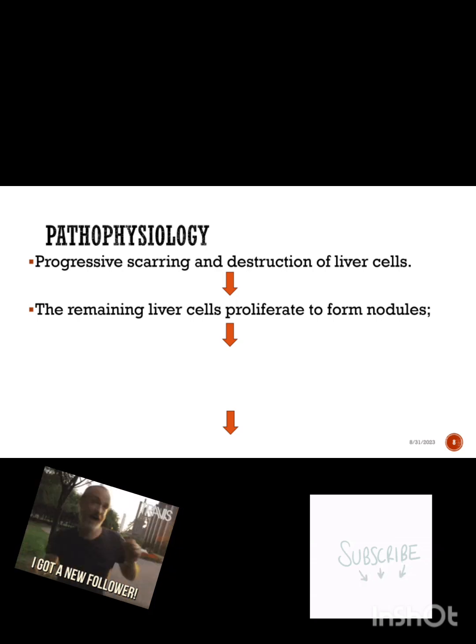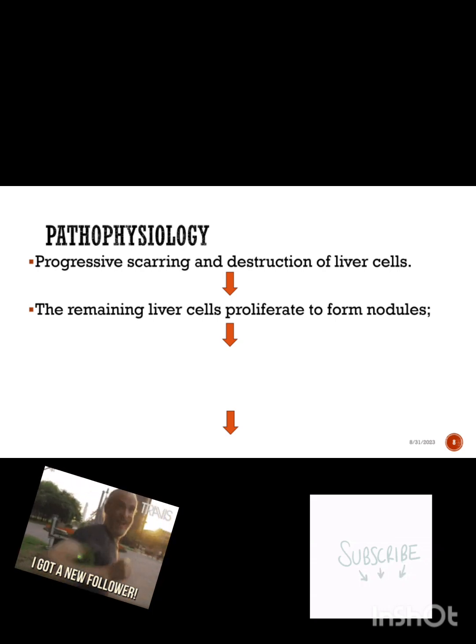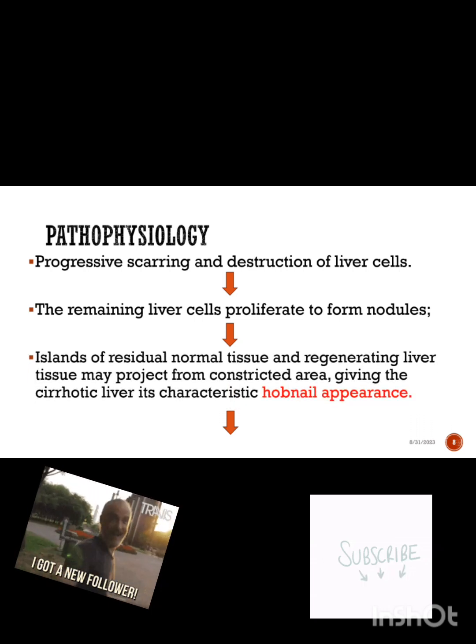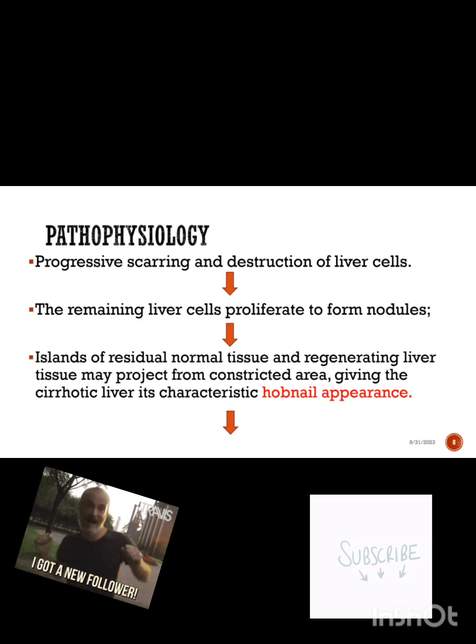So now the part which is okay tries to grow back, and then this type of growth produces what is known as the hobnail appearance of the liver, where it causes like islands of residual normal tissue regenerating in the scarred tissue.